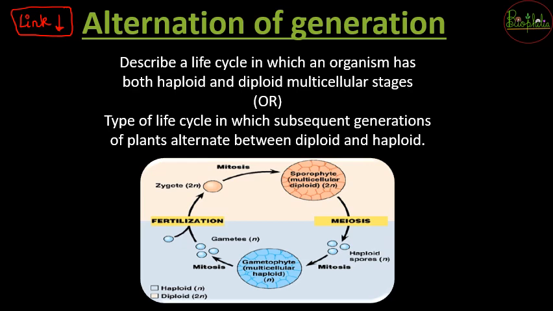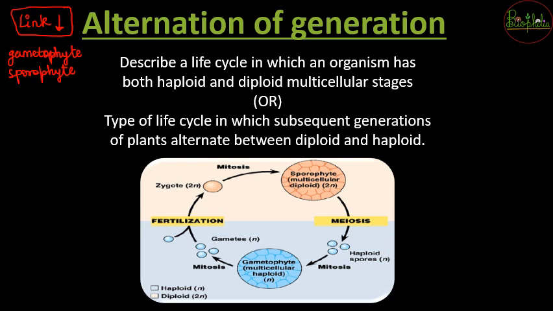So going ahead with alternation of generation, what do you need to understand कि alternation of generation के लिए there is going to be two generations. So first जो होता है that is the gametophyte. अब जो gametophyte होता है and the sporophyte. So on the previous videos we had discussed that there are some plant that is going to have the sporophyte dominant, कुछ होते हैं जिसमें gametophyte dominant होता है.